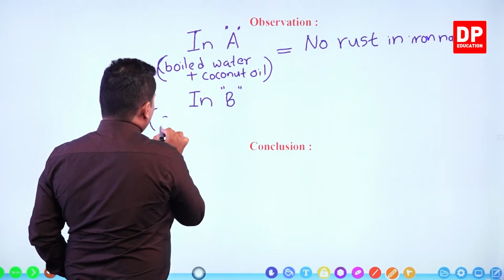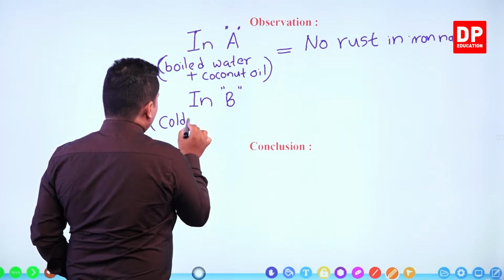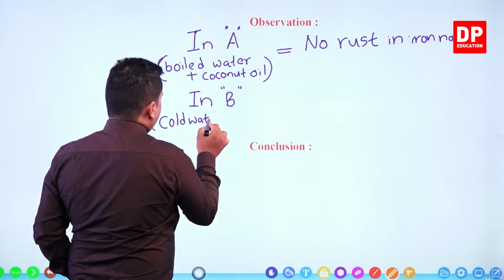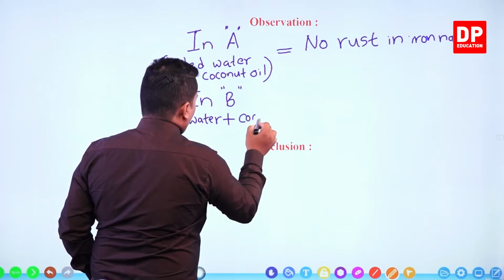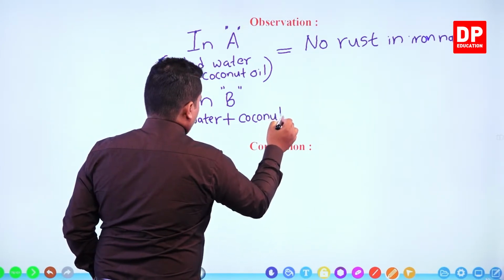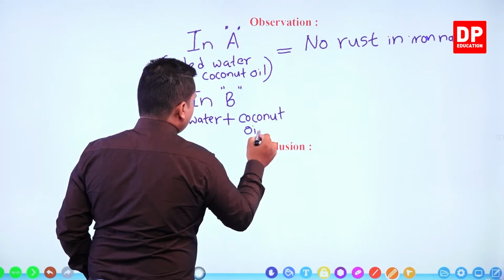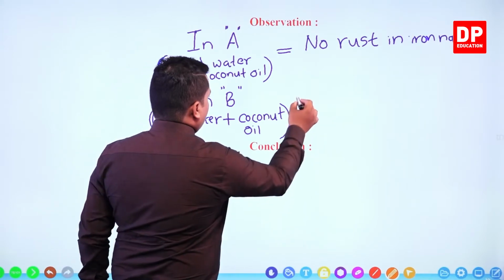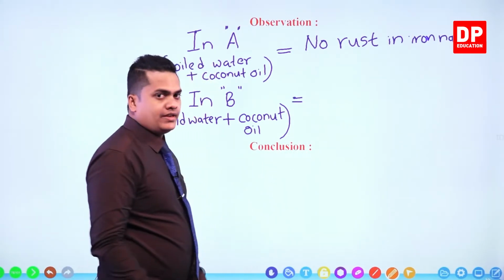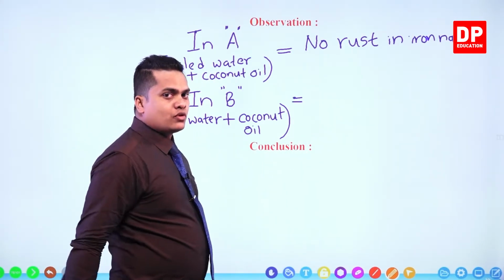No rust. In B, here we used cold water plus coconut oil. Cold water with coconut oil. So in B, right, less amount of iron rust.